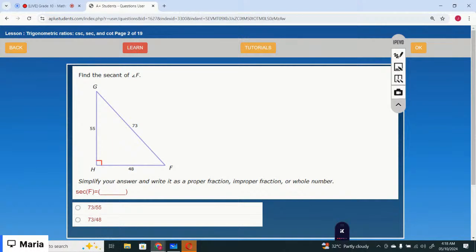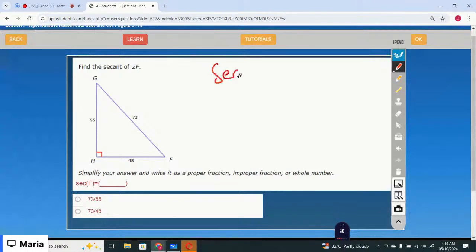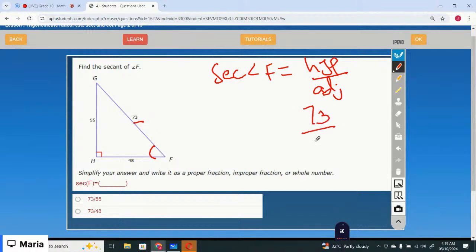Find the secant of angle F. Secant of angle F is again hypotenuse divided by adjacent, right? Here is angle F. Hypotenuse is 73 and adjacent is 48.